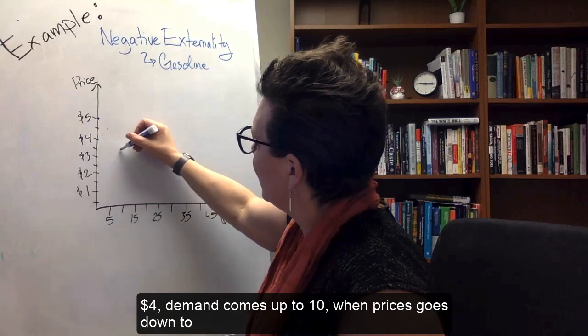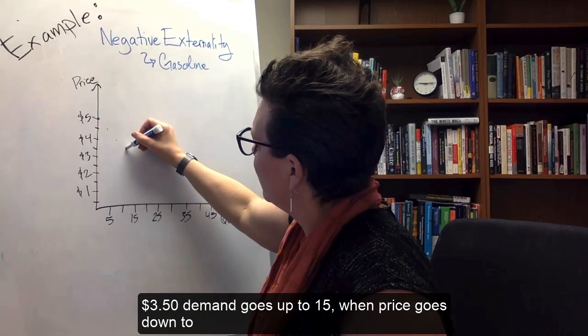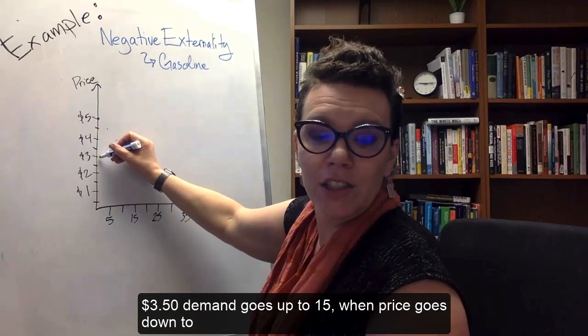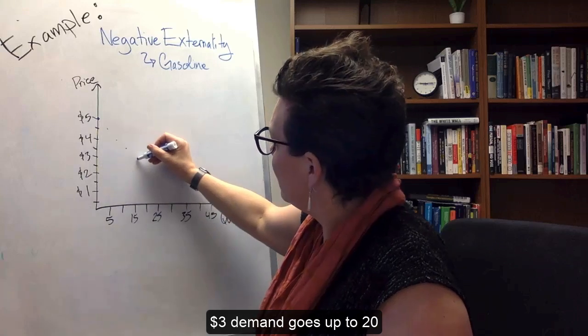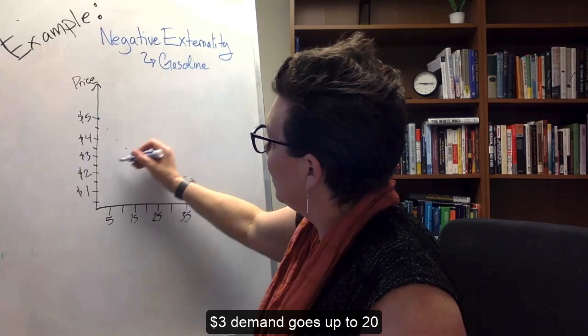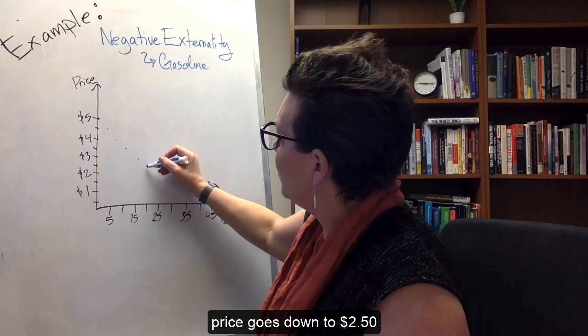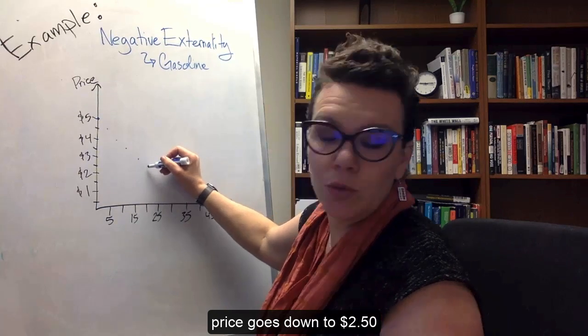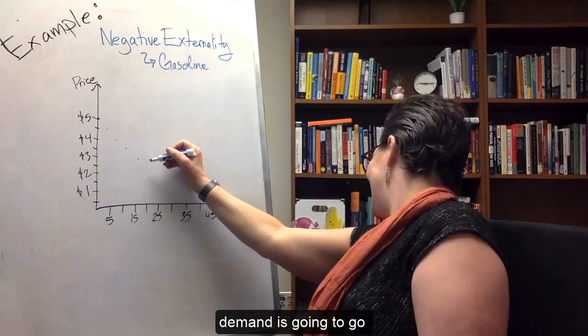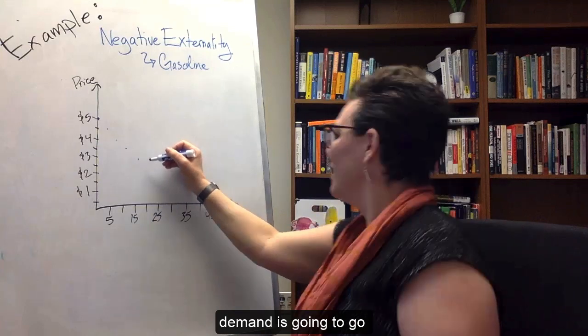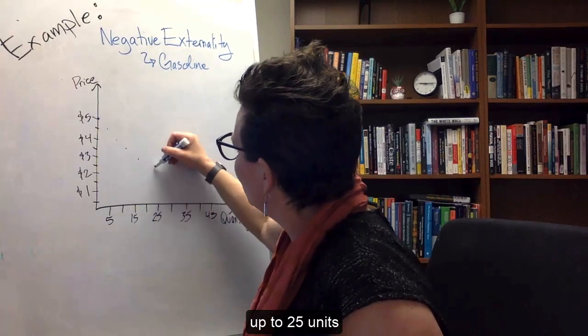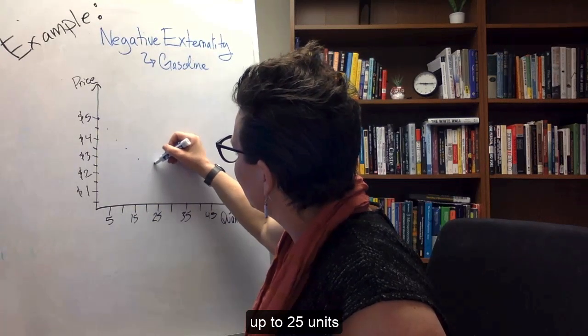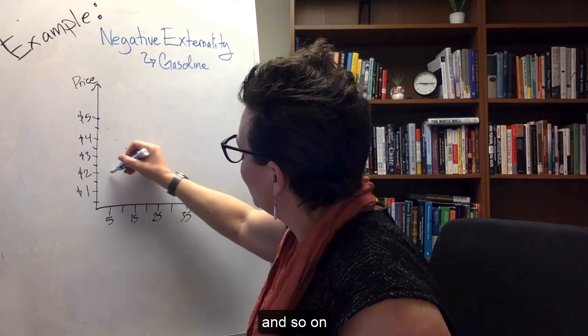When price goes down to $3.50, demand goes up to 15. When price goes down to 3, demand goes up to 20. Price goes down to $2.50, then demand is going to go up to 25 units, and so on.